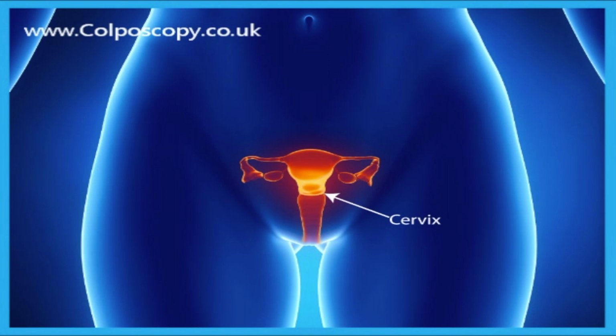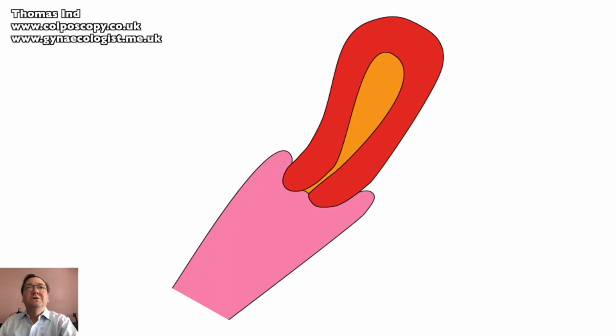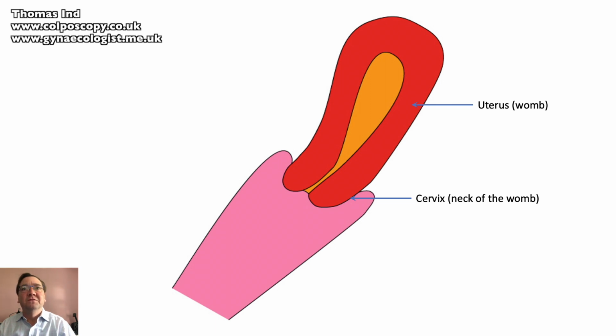So let's zoom in on this area now. This is what we would call a sagittal view, so taking someone from the side, similar to what Damien Hirst did to his shark and his sheep. So we're looking at the uterus and the vagina. So here is the uterus, here is the cervix or the neck of the womb, and here is the vagina.